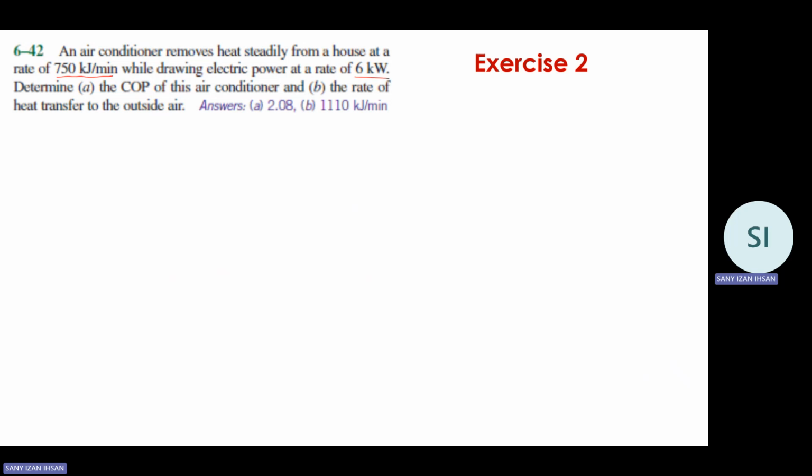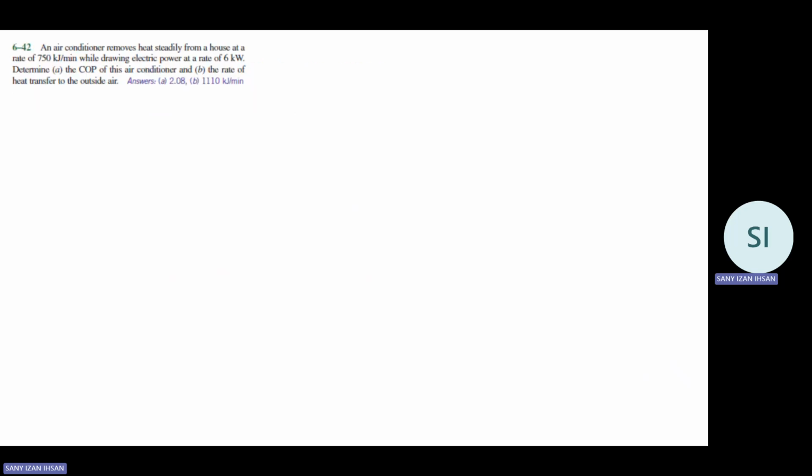Actually, I should go to the next. Yeah, this one is the drawing board basically. If we are to draw the diagram to describe the condition, you have your house at the bottom because you want to extract heat from the cold space.